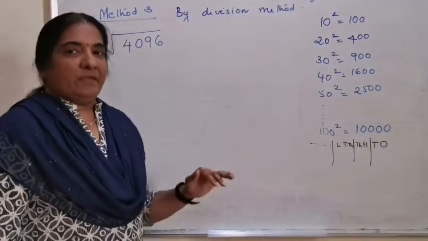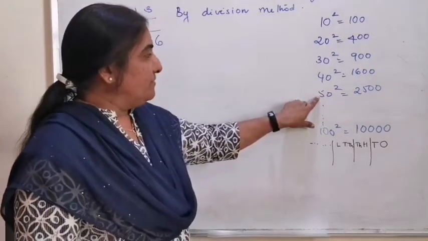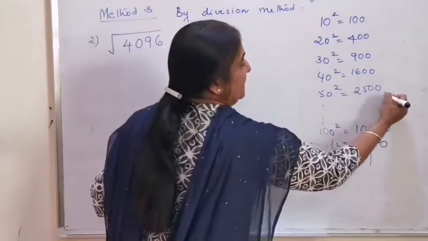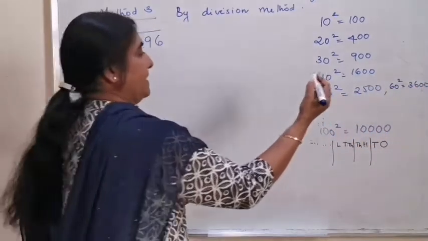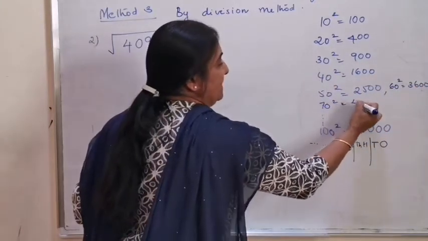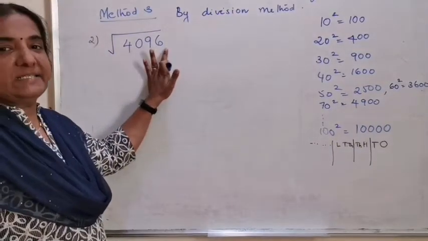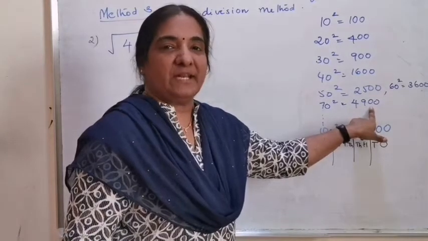4096. You can have an idea in your mind. 50 square is 2500, 60 square will be 3600 and 70 square will be 4900. That means 4096 is a number between 3600 and 4900.